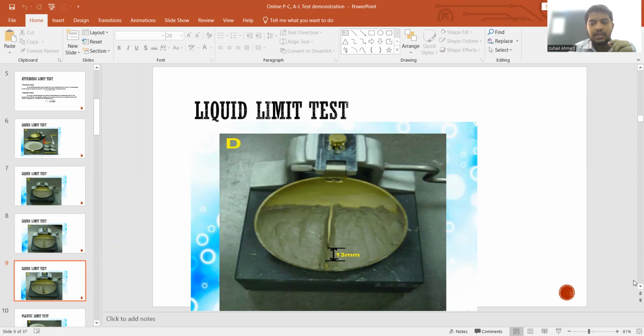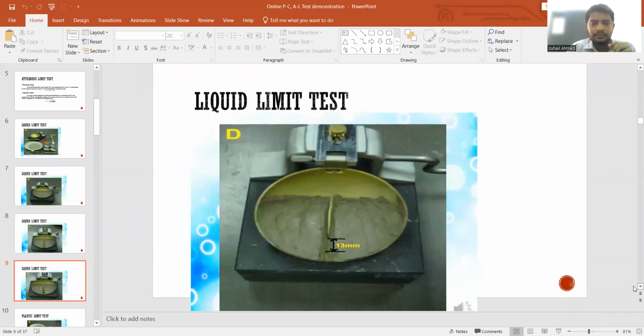After drawing the graph, you can find the value of water content for 25 blows, which we are saying is the liquid limit. So from the graph you find the water content at 25 blows.